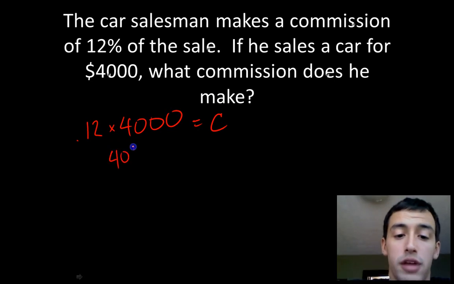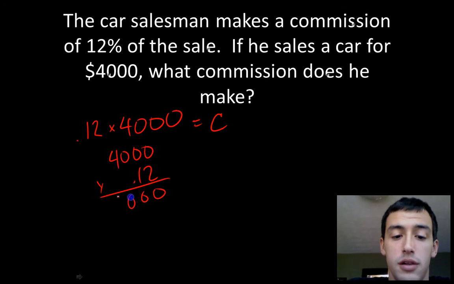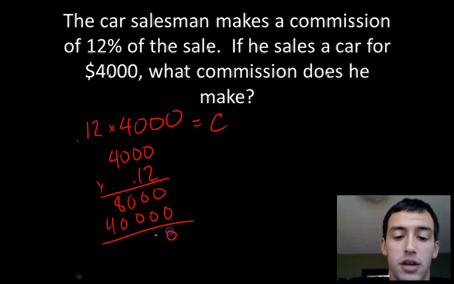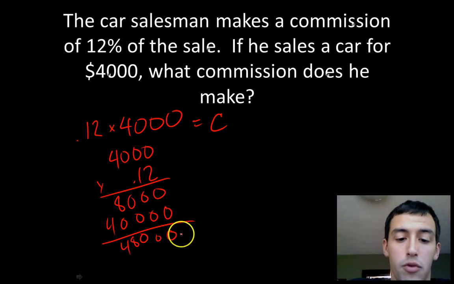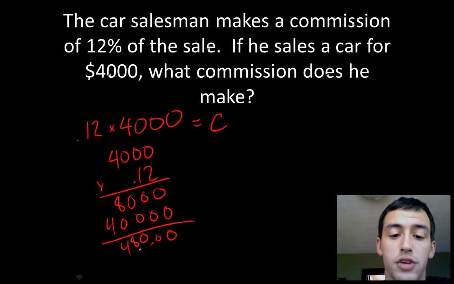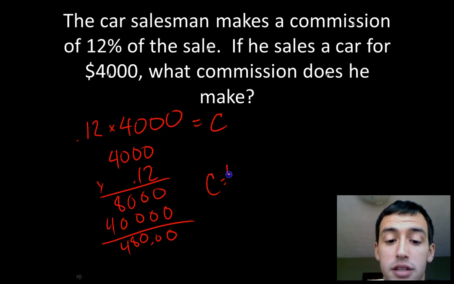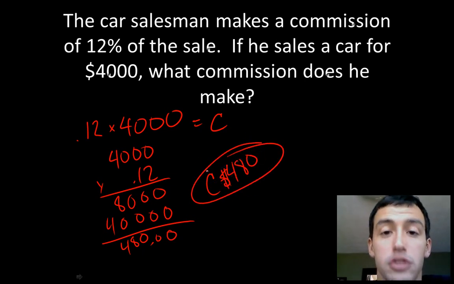So we go 4,000 times 12%, and you see that we get, move that decimal over twice, $480. And that is what his commission is equal to, $480. So that's how we solve those.